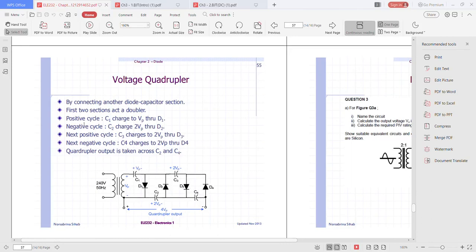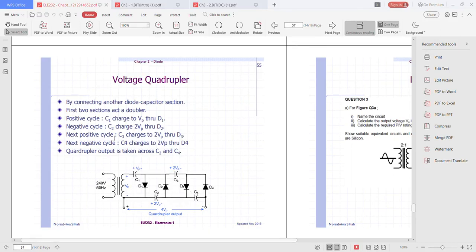Okay, so during positive cycle, what will happen? C1 will be on, charging Vp, this is short circuit, this is short circuit, and then this will be reverse bias, open circuit, and this will be open circuit.